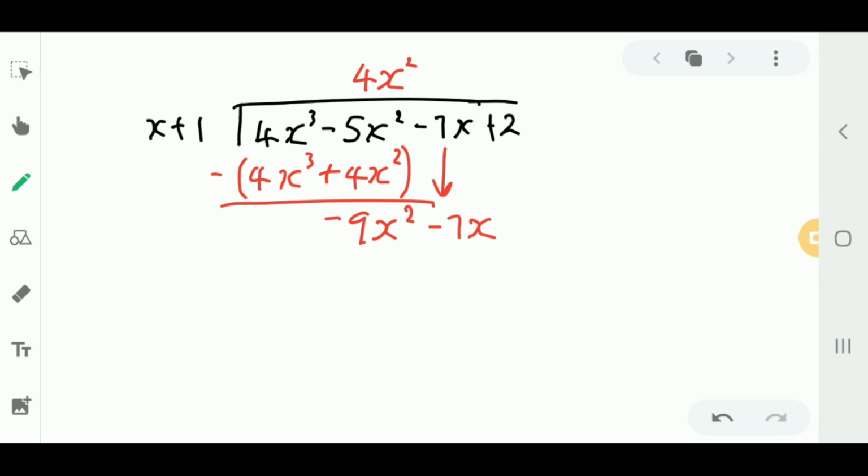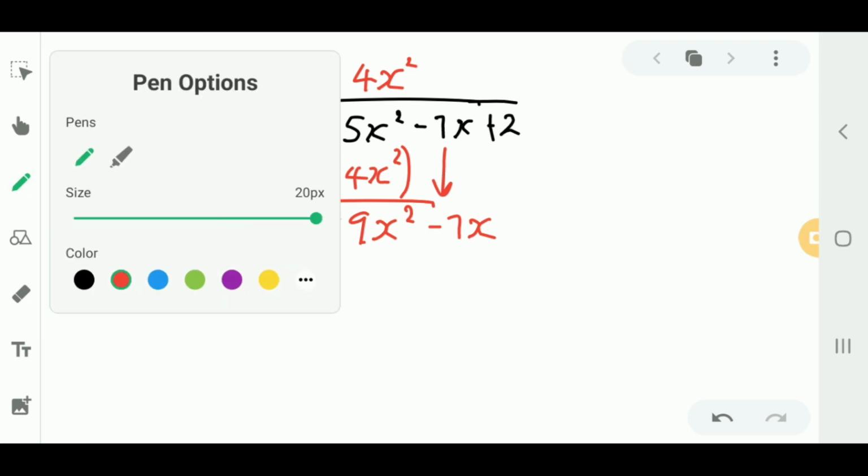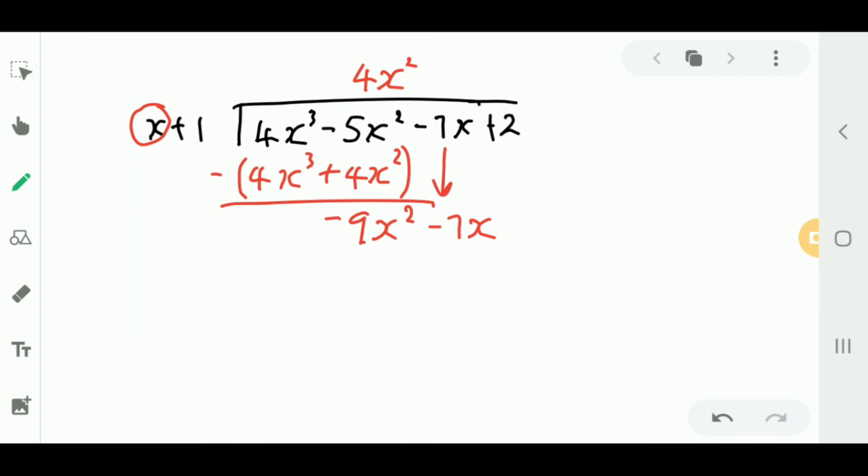So now x into minus 9x squared is minus 9x. Now x times minus 9x gives us minus 9x squared, and 1 times minus 9x gives us minus 9x. And again, we're subtracting. So minus 9x squared minus minus 9x squared is 0.